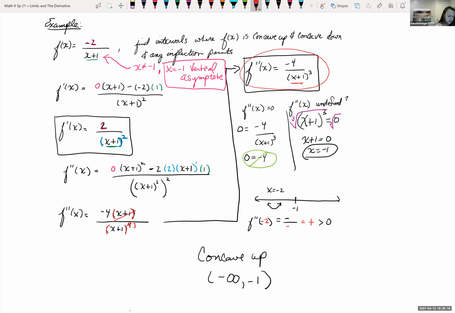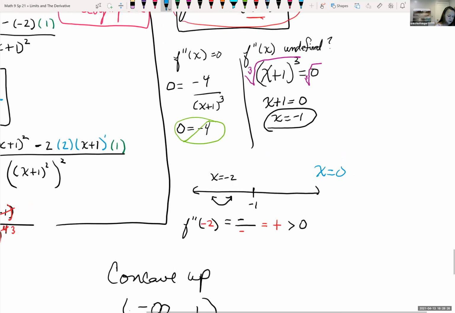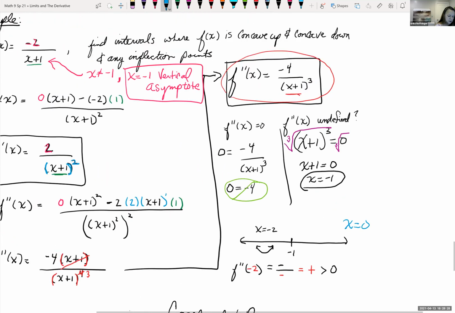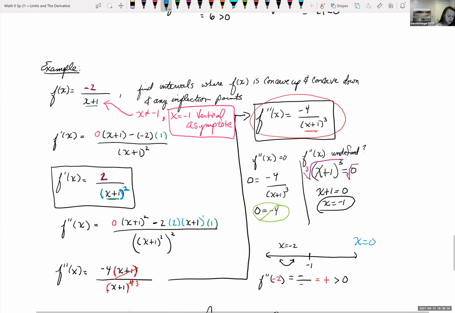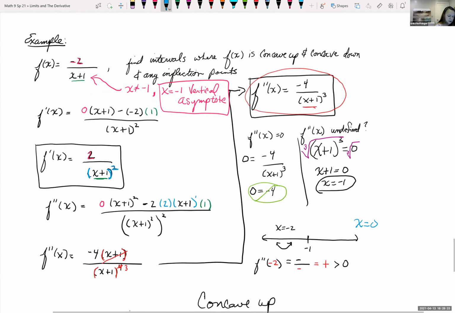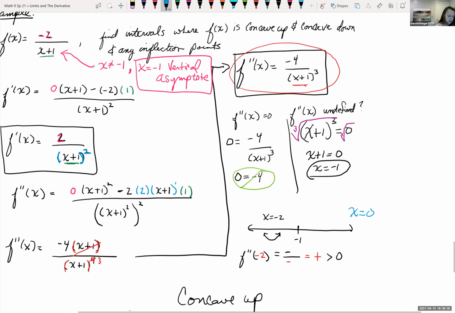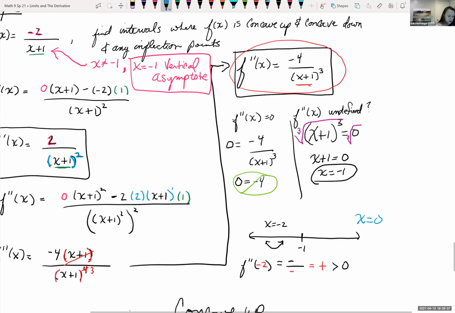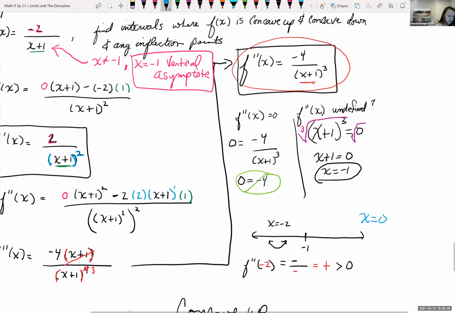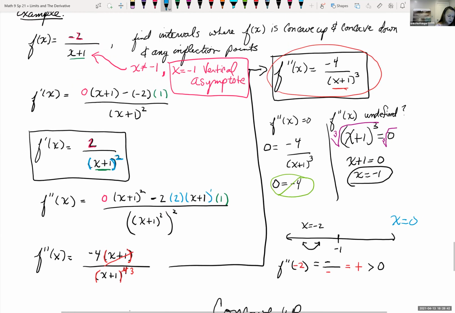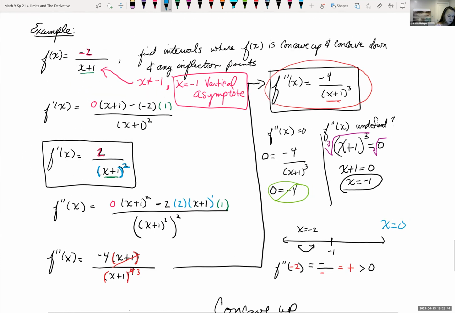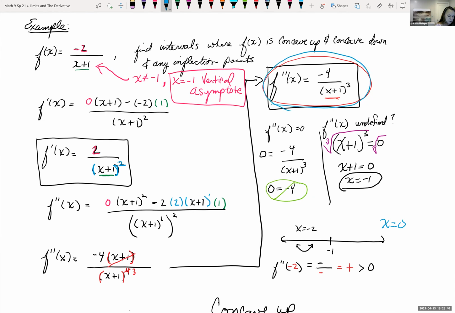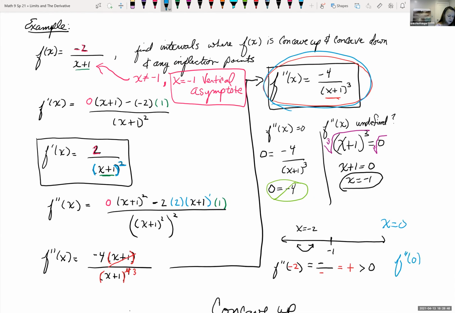Now let's test on the other side of x equals -1. So maybe x equals 0. If we go back into our derivative and plug in 0 there, the numerator is always negative, all over 0 plus 1, that's 1 cubed, that's positive.